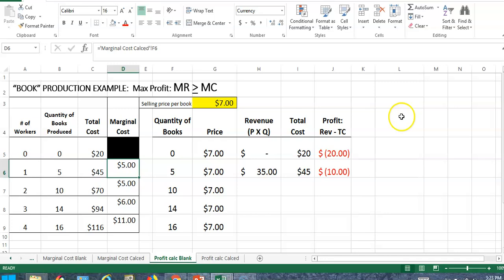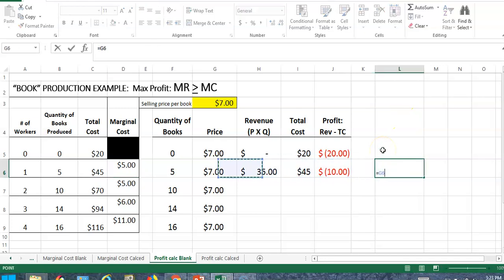Actually, let's stick that over here. Marginal revenue minus marginal cost. So that's how much our profit changes by every time we produce that extra book.